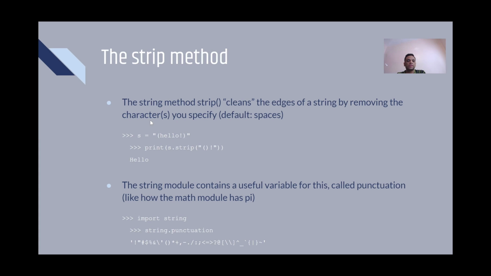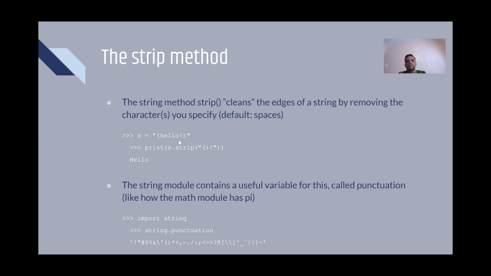So what we do is we throw in the strip method, right? Strip is going to get rid of the parenthesis in the front and the parenthesis in the back. Well, you have to actually tell it what you want to strip. So right here, print s.strip, and we want to strip the parentheses out and the exclamation point.